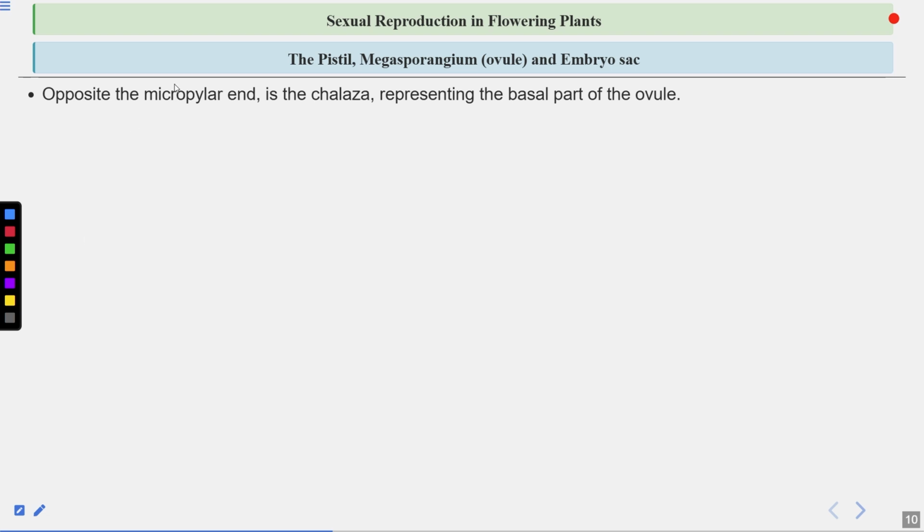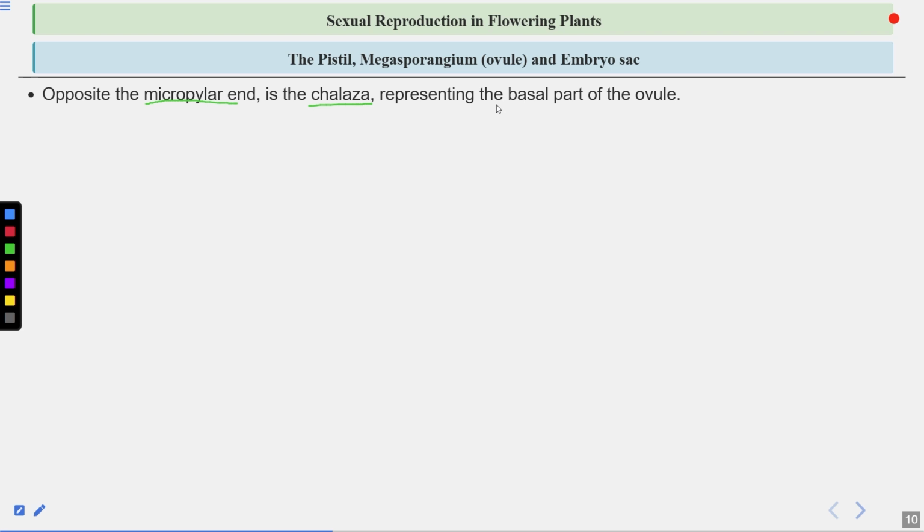Now, the end where the micropyle is present, that particular end is called what? The micropylar end. And just opposite to this micropylar end, there is the chalazal end. That part is called the chalaza, and that pole or end is called the chalazal end.